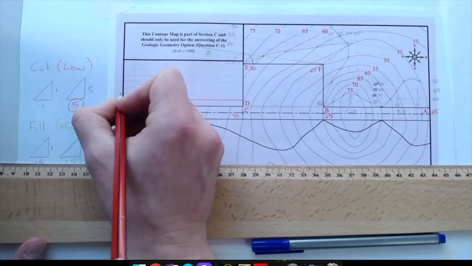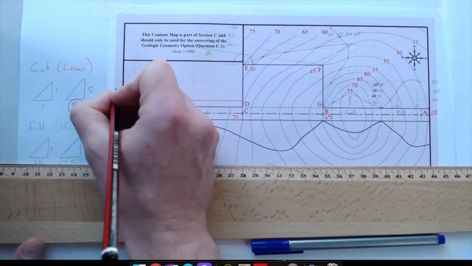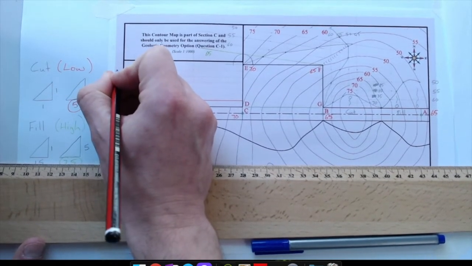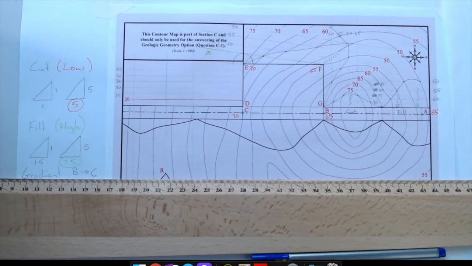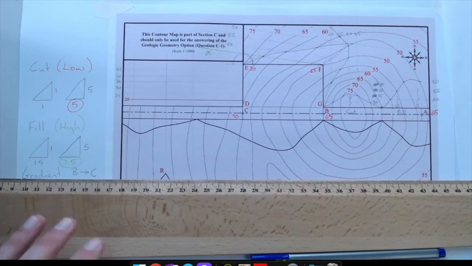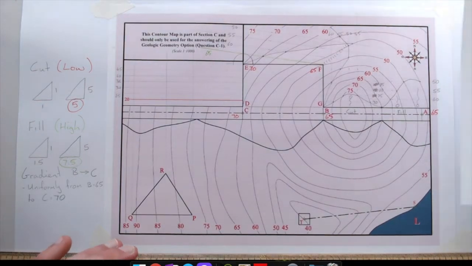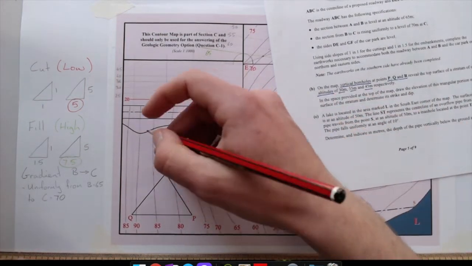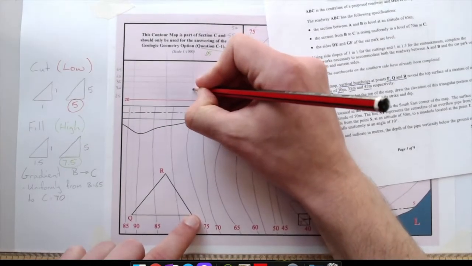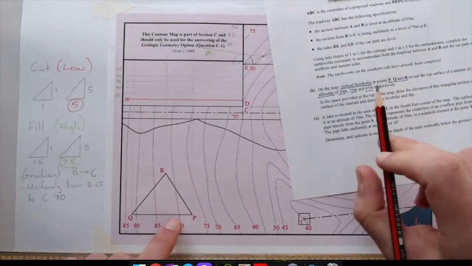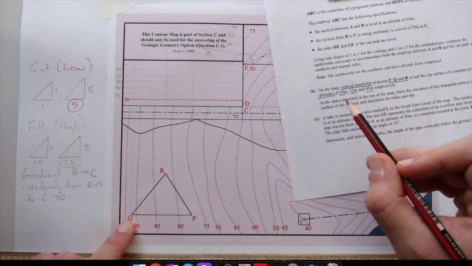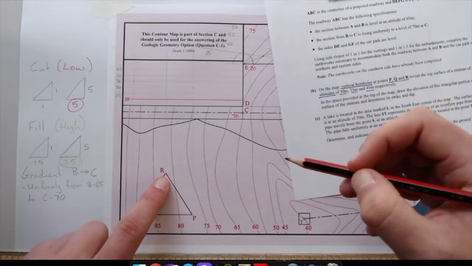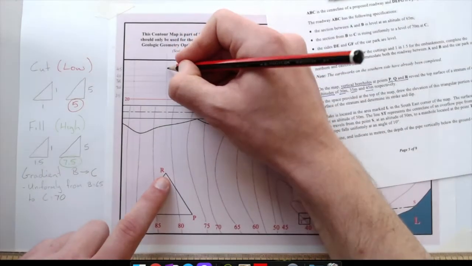So I have 20, I have 25, 30, 35, 40, 45. And then I can put in each one of my points. So we have P is at 30. So P here is at 30. We have Q is at 35. And we have R then is at 45.